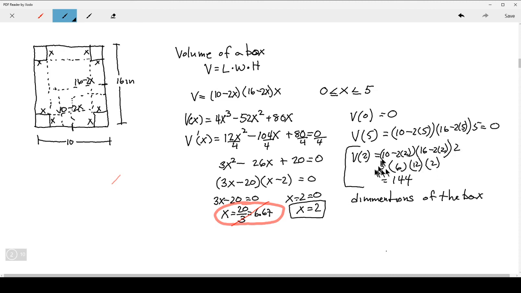Since x is 2, that means we're taking 2 inches out of each corner. So the dimensions of the box are 6 inches by 12 inches by 2 inches, and the volume is going to be 144 cubic inches. And this answers the question.